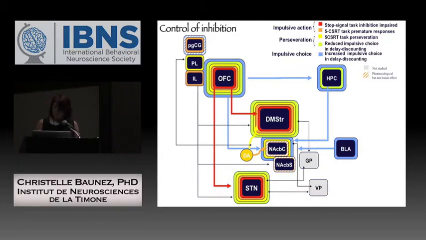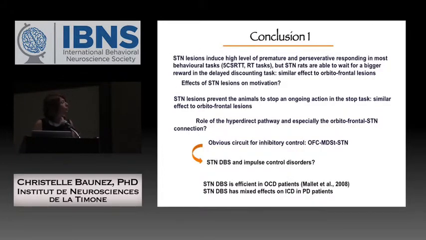So to make the story short, the first conclusion is that STN lesions induce high levels of premature and perseverative responding in most behavioral tasks: 5-choice, reaction time task, many other tasks we've used. But these STN rats are able to wait if there's a bigger reward on board in the delay discounting task. And that's a similar effect to orbitofrontal lesions.